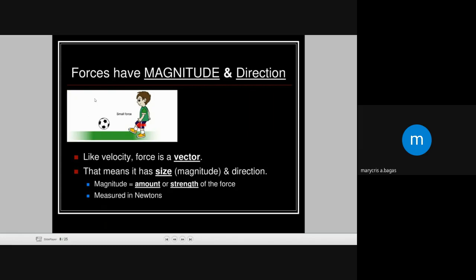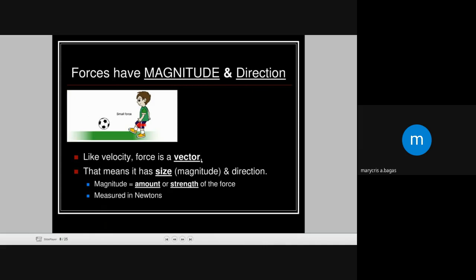Okay, forces have magnitude and direction. We already tackled magnitude and direction, right? We have these words in our vocabulary. Like velocity, force is a vector.